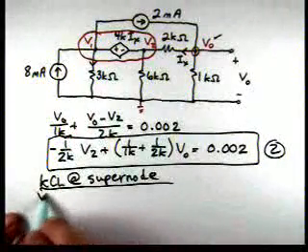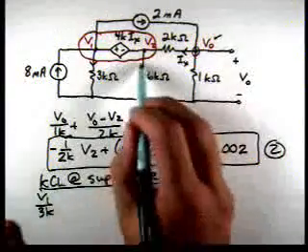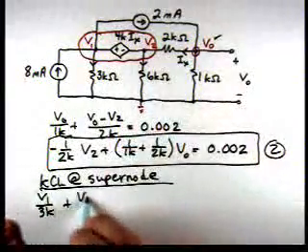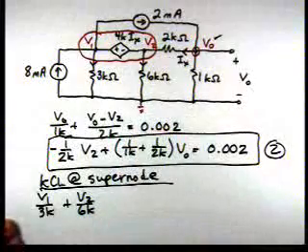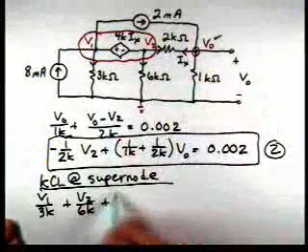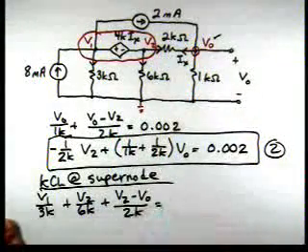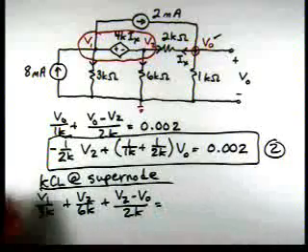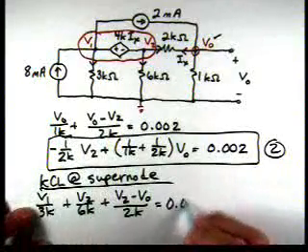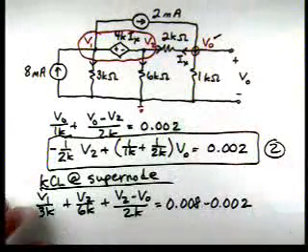That's V1 over 3K. A current leaving here. That's V2 over 6K. Then we have a current leaving the supernode there. That's V2 minus V0 over 2K. That's all the resistances. Then we have 8 milliamps entering, 2 milliamps leaving. Okay, so there's our equation.